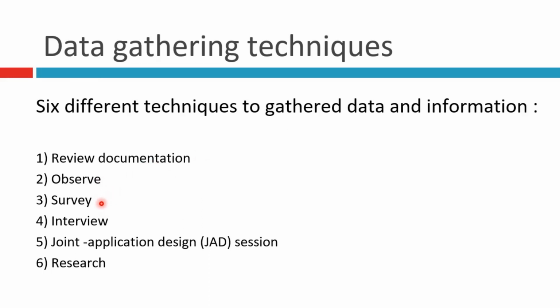Observation. Survey, you can gather data through the survey method. Interview, joint application design session, and also by researching. So we will go through every data gathering technique after this.